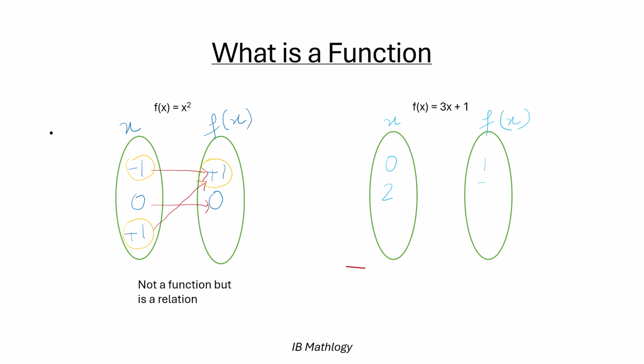So 3 into 2 plus 1 will be 7. We can put x as 4. So 12 plus 1 will be 30. Now if you can see, 0 is giving you 1, 2 is giving 7 and 4 is giving 30. From this we can say that it is a function and also a relation.